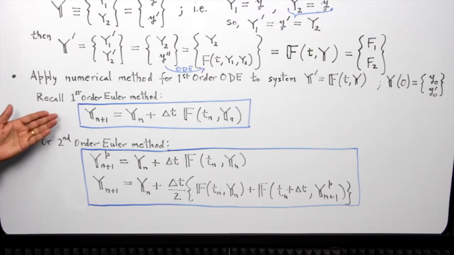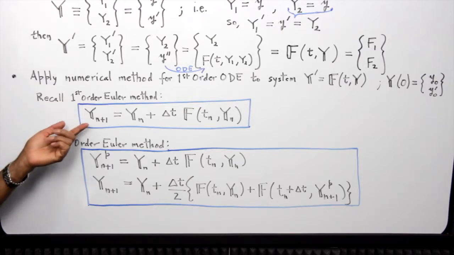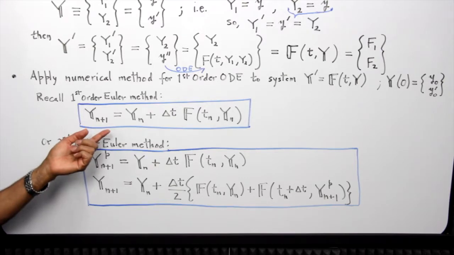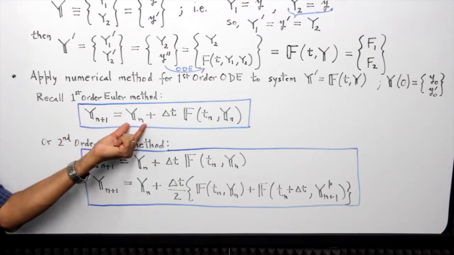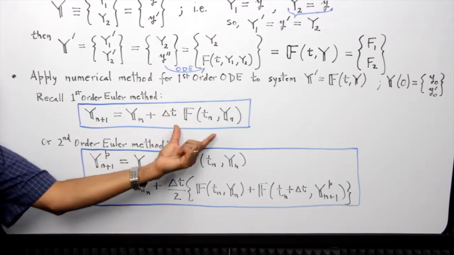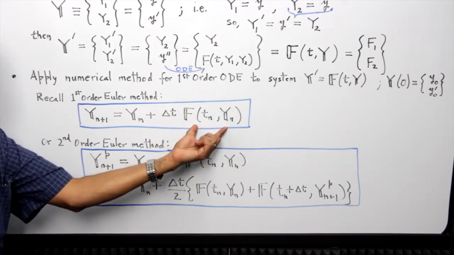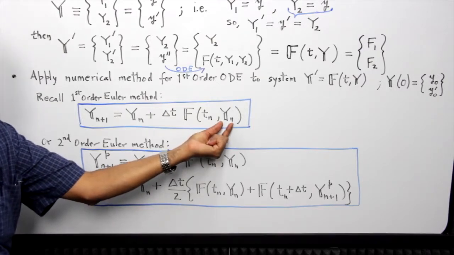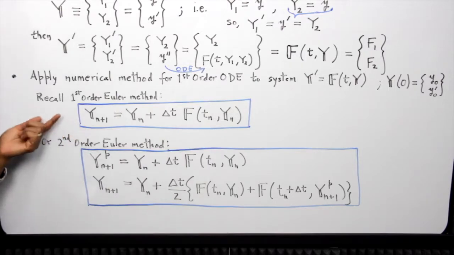of the system. And so we can write, for example, the first order Euler method in this way, that at time level n plus 1 we obtain the solution by taking the solution at time level n, and to it we add delta t times the differential equation right hand side evaluated at time tn at the dependent variable Yn. And this is the first order accurate method.